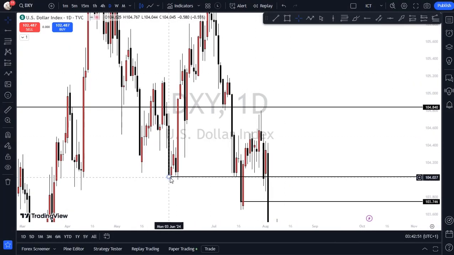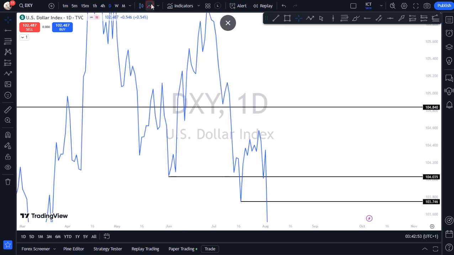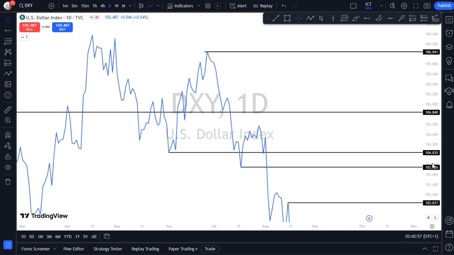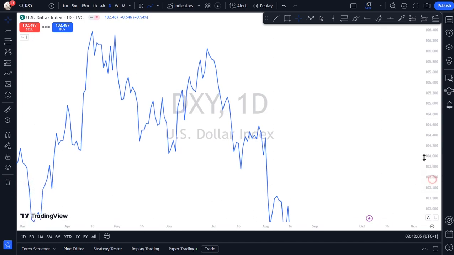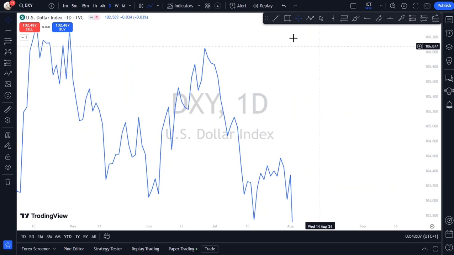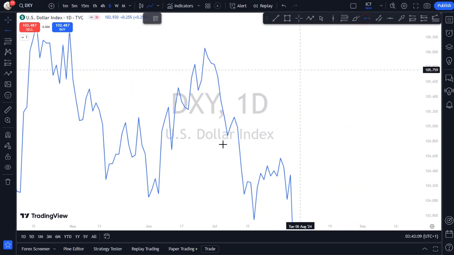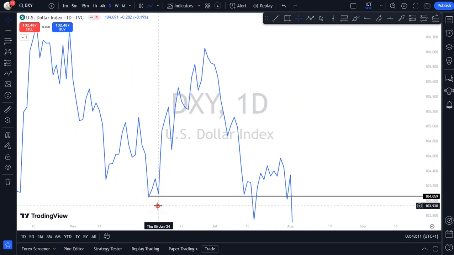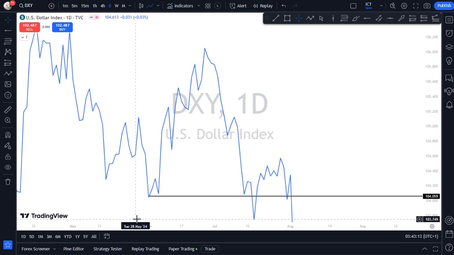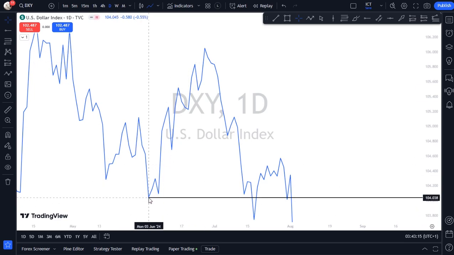Now observe that the way to get your key levels easily is to use your line charts. Let me delete everything here to make it quite neat. Now I want to take this level, put this here, and investigate it.